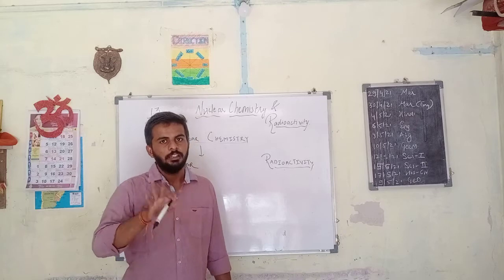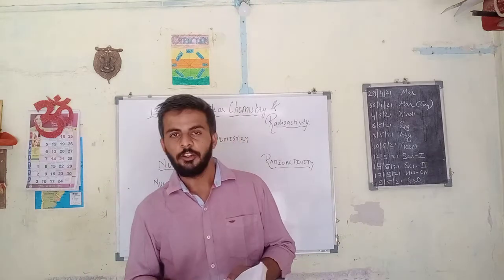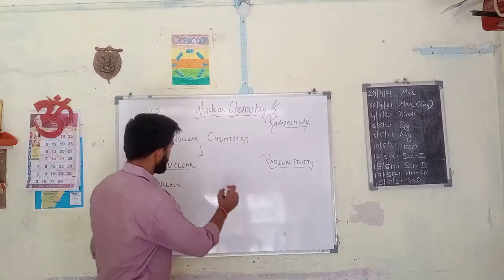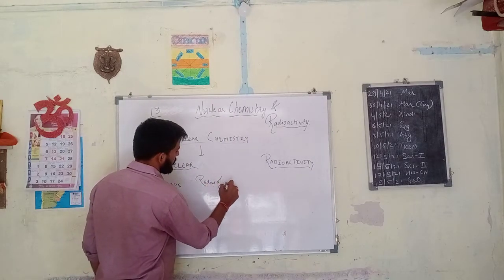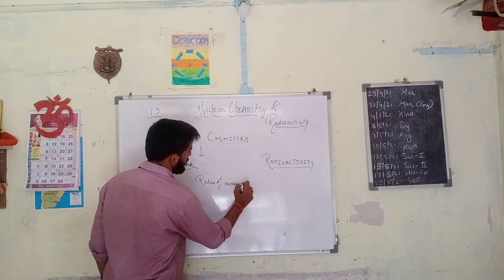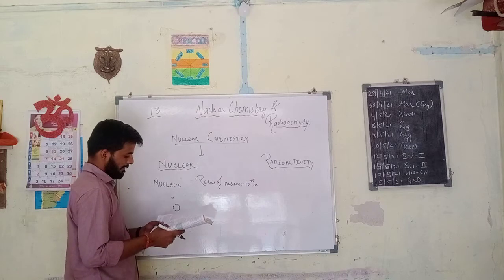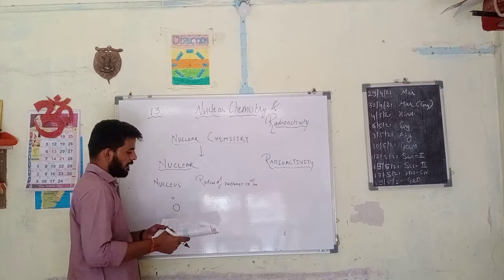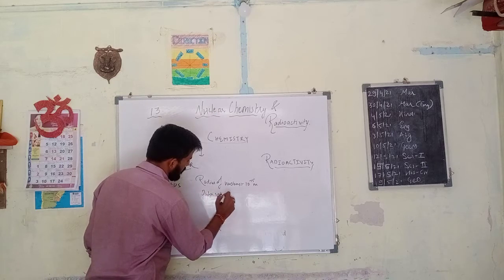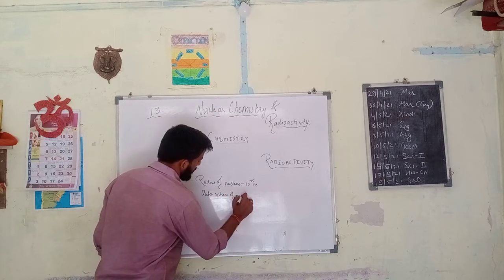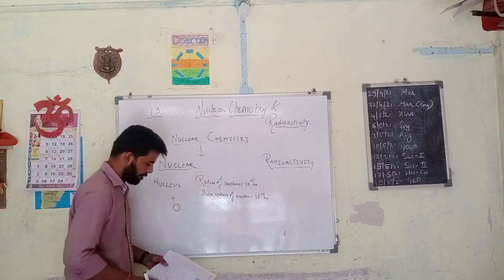So first we need to know what a nucleus is. The radius of the nucleus is of the order of 10 raised to minus 15 meter. And the outer sphere of the nucleus is of 10 raised to minus 10 meters.